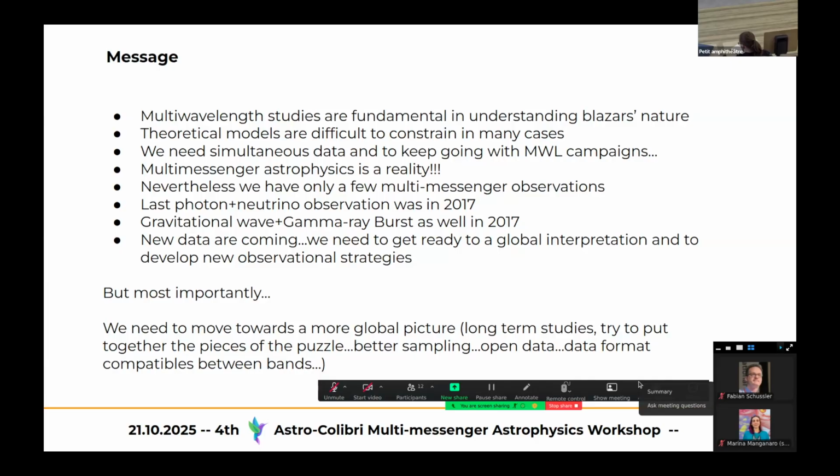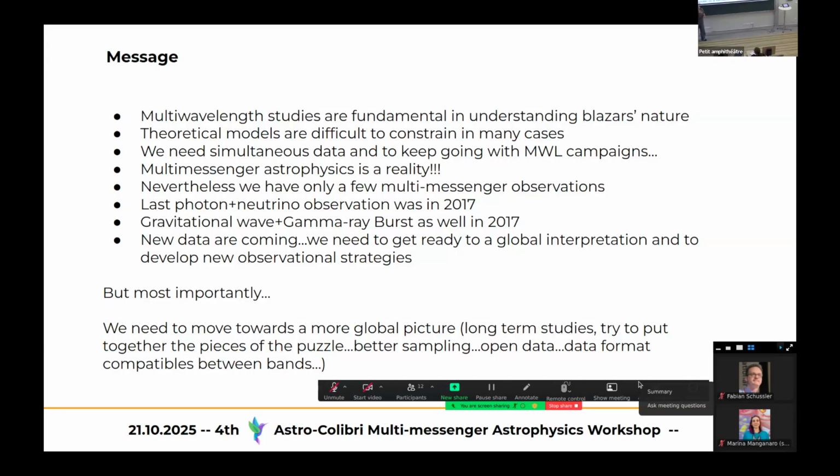So my idea is maybe the coordination shouldn't be only in getting data and spreading with others, but it should also come a bit before, trying to have a proposal which is not separated in different instruments, but something like a keynote proposal that puts together different telescopes, because maybe in this way we can get really good multi-wavelength data.